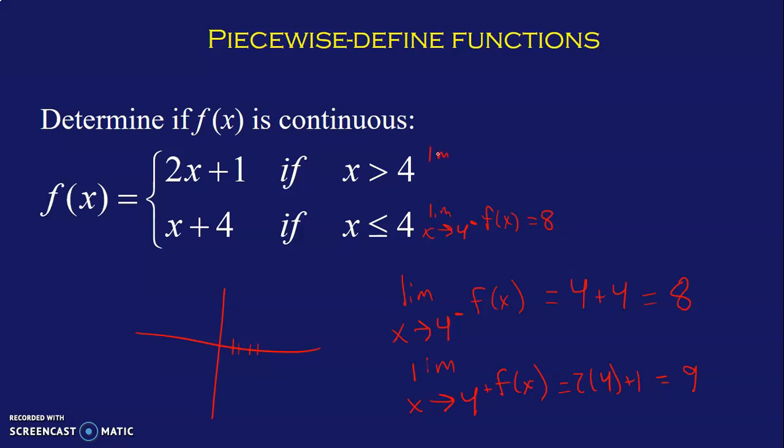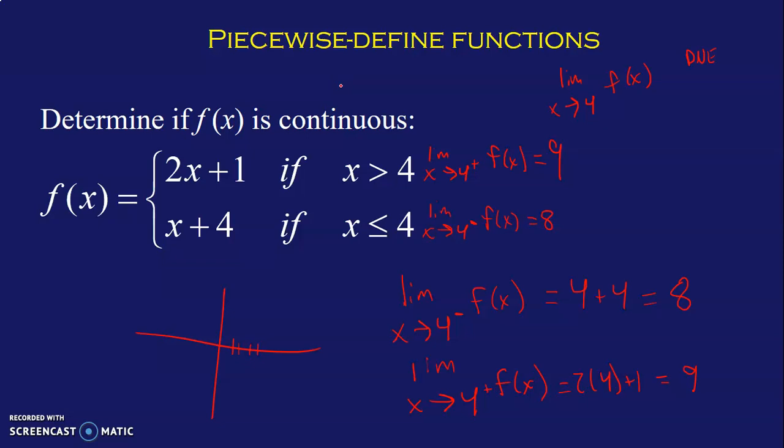So the limit as x approaches 4 from the right of f of x is 9, which is not equal to 8. So since the left side limit and the right side limit are not equal to each other, the limit as x approaches 4 of f of x does not exist. And since that limit does not exist, that means that the function cannot be continuous.